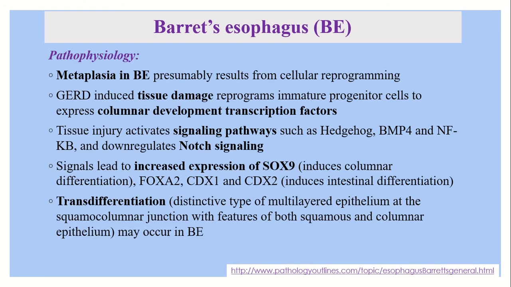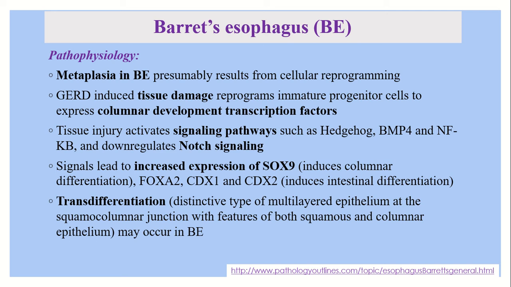Pathophysiology of Barrett's esophagus. The metaplasia in Barrett's esophagus presumably results from cellular reprogramming. Gastroesophageal reflux disease induced tissue damage reprograms immature progenitor cells to express columnar development transcription factors.